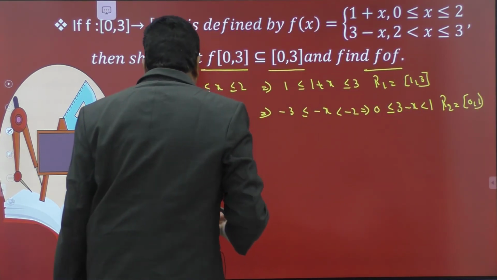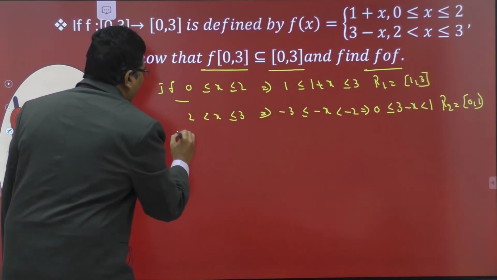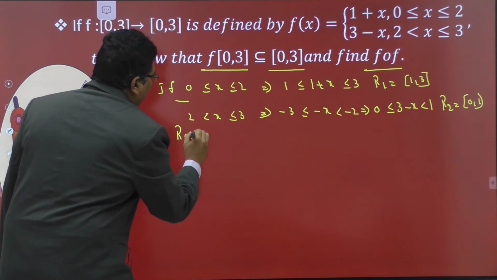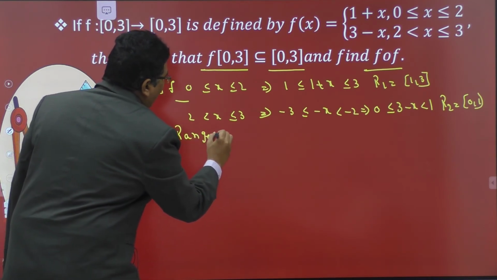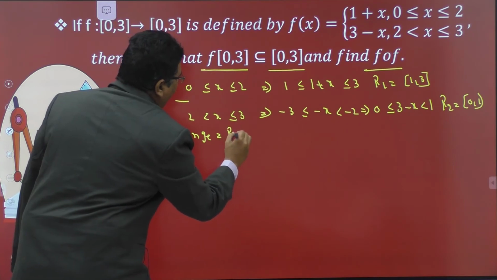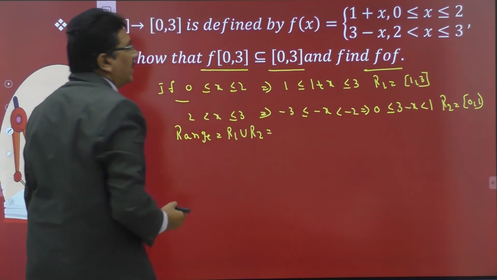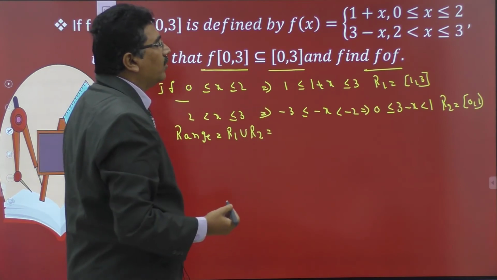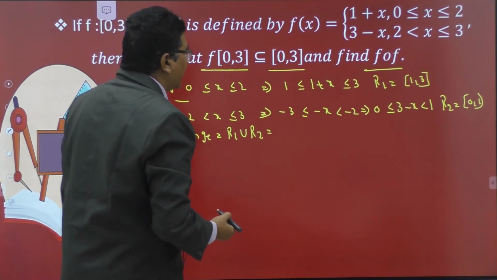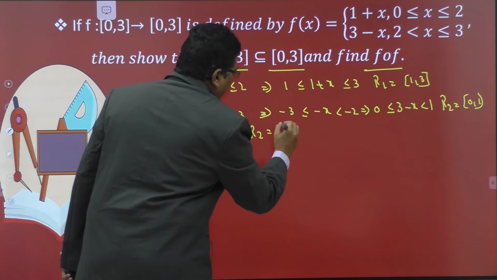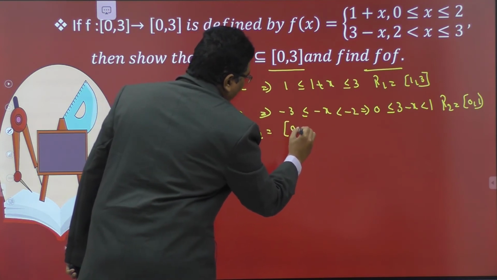Right. Now the range is equal to R1 union R2. R1 union R2 is equal to closed interval 0, 3.